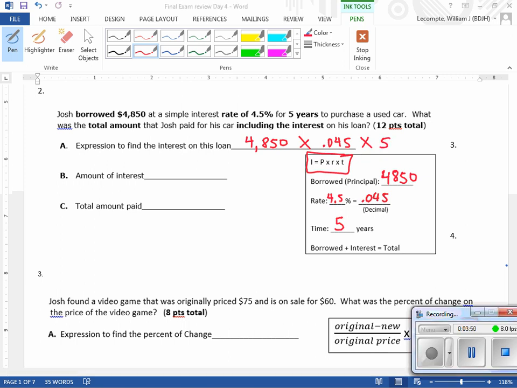And we get $1,900. I'm sorry, $1,091.25. So $1,091.25. So that's the amount of interest, $1,091.25.